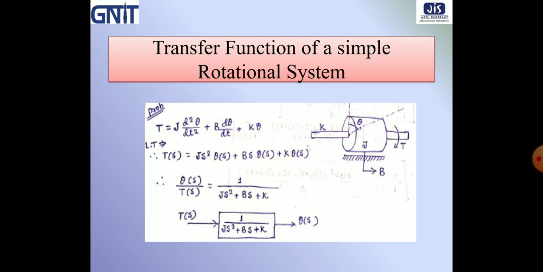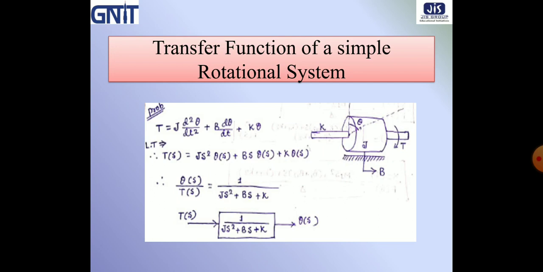That is, total torque is equal to the torque generated by inertia, that is J into d2 theta by dt square, plus the torque generated by the damper. Here friction is considered as a damping element.